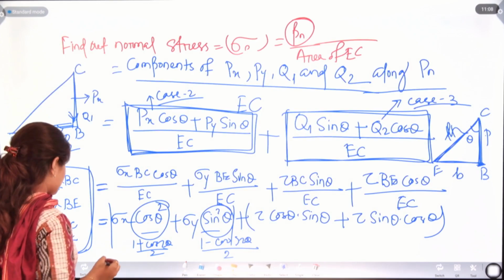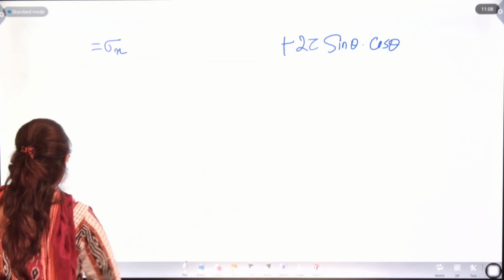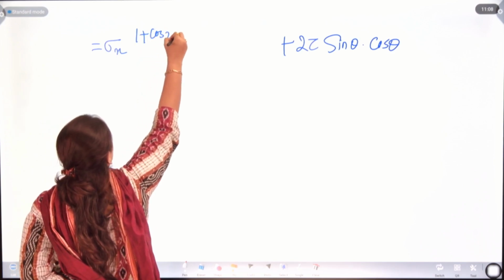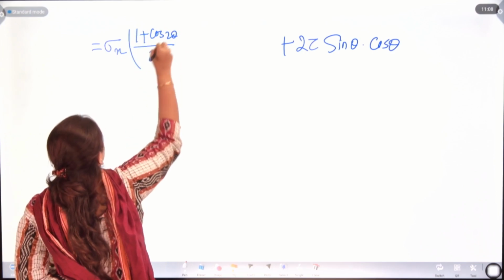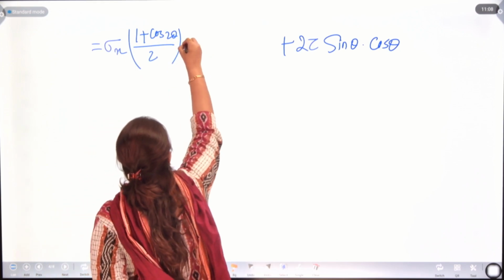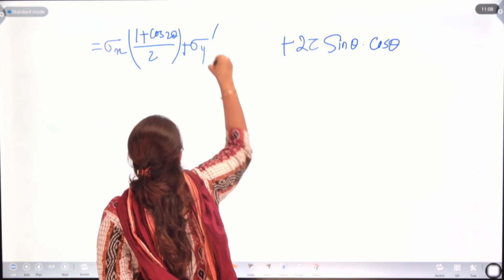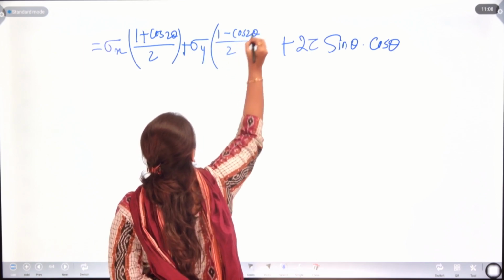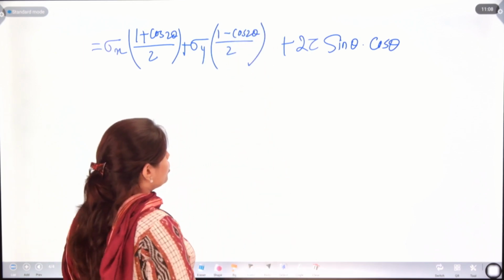Sigma x into 1 plus cos 2 theta upon 2 plus sigma y into 1 minus cos 2 theta upon 2. Okay.